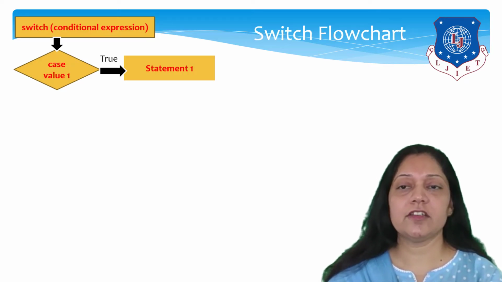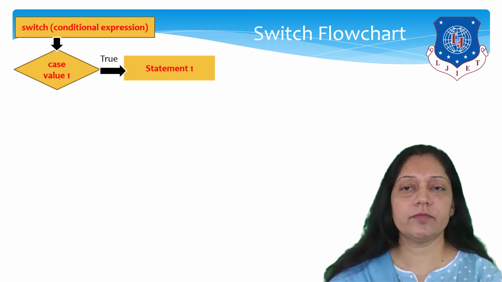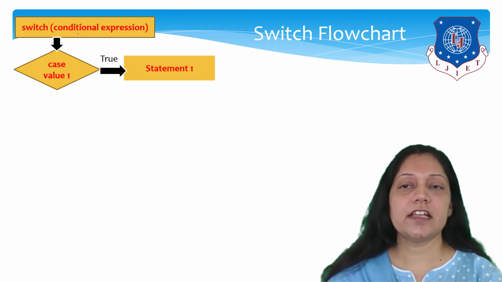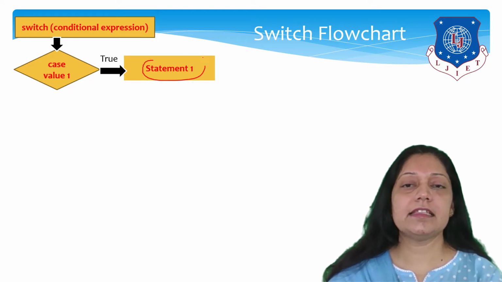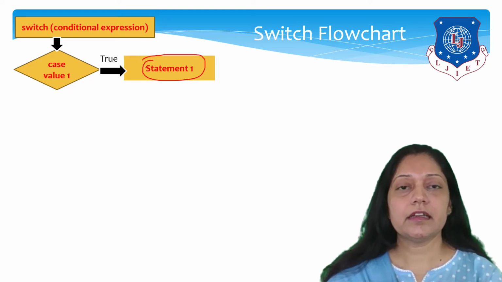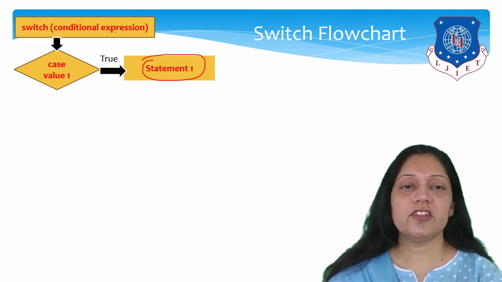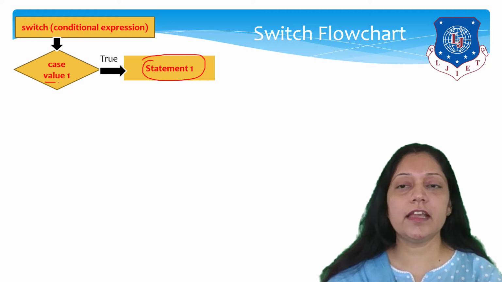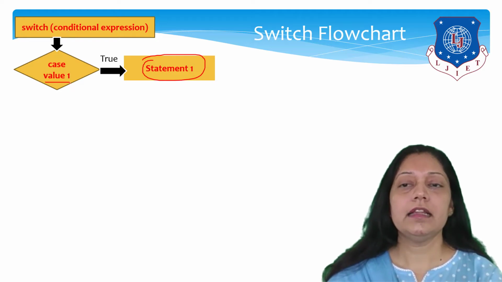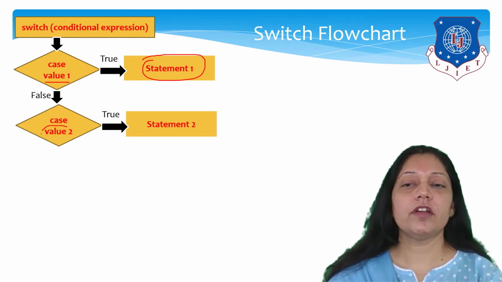We have different cases here. So first is case value 1. If the output of the conditional expression is equal to value 1, if it is true, then statement 1 is executed. But if the output of the conditional expression, or it can be a simple variable, is not equal to value 1, then we'll come and check for the next case.